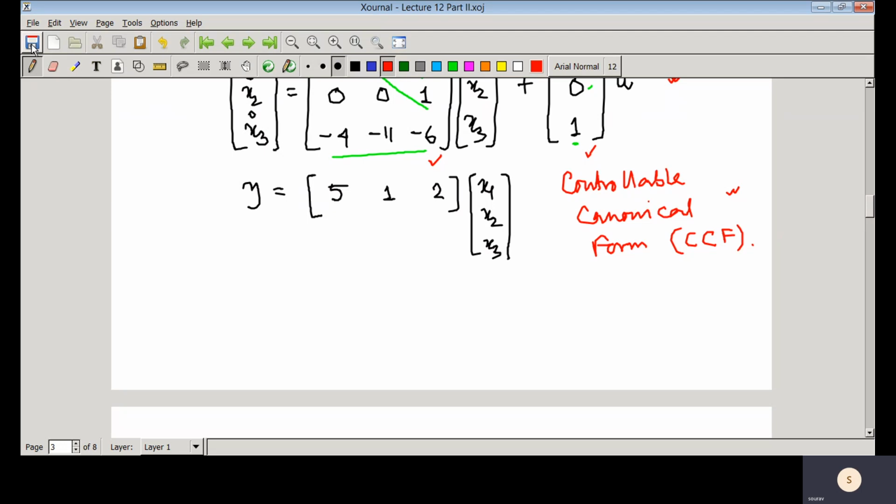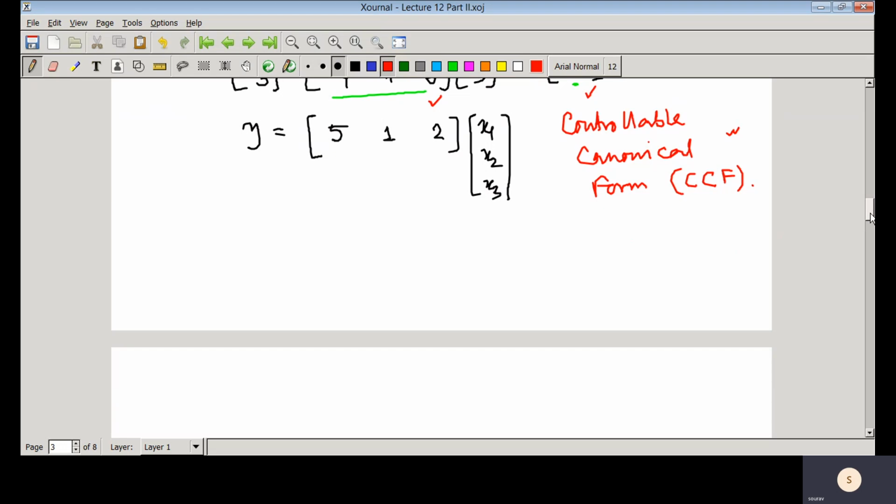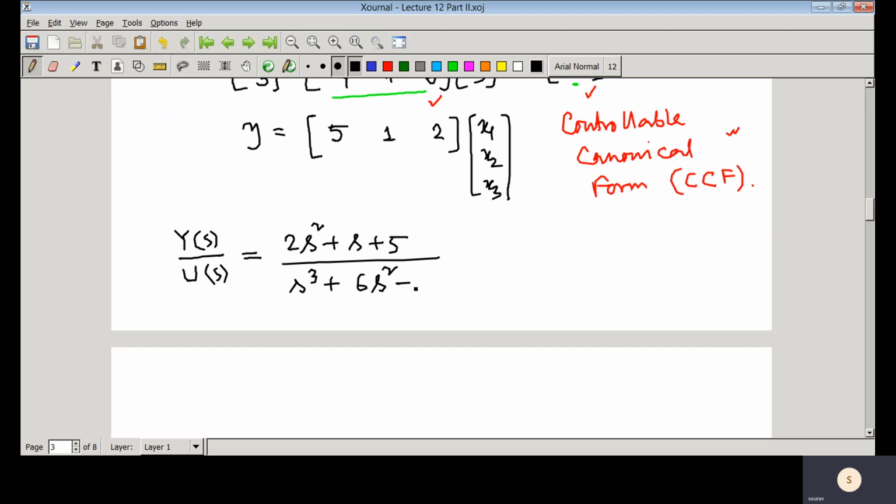So let us see. Here, suppose the same transfer function is given, that is Ys by Us, that is 2s square plus s plus 5 over s cube plus 6s square plus 11s plus 4.